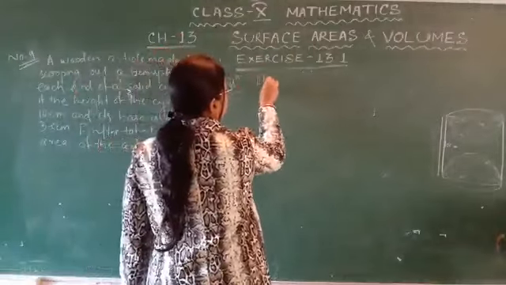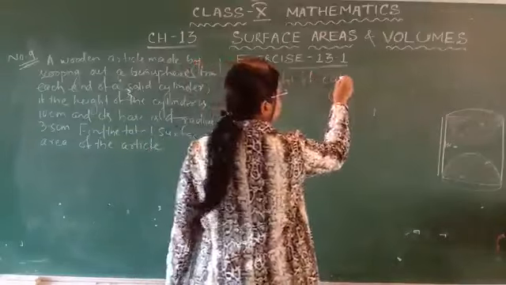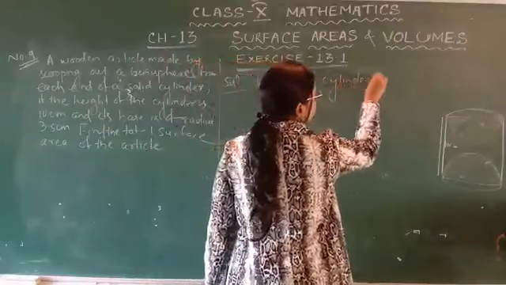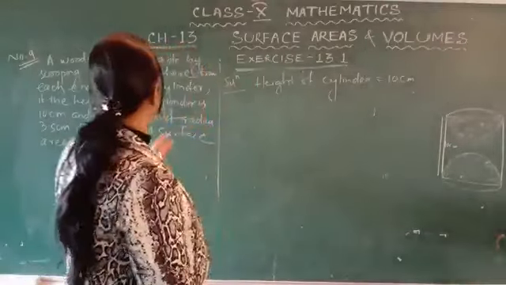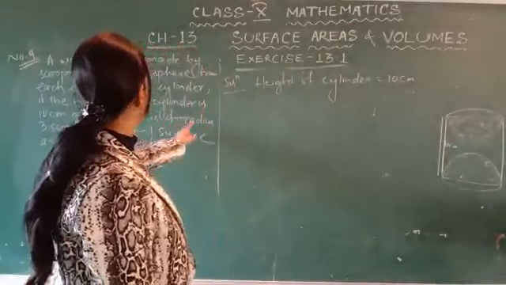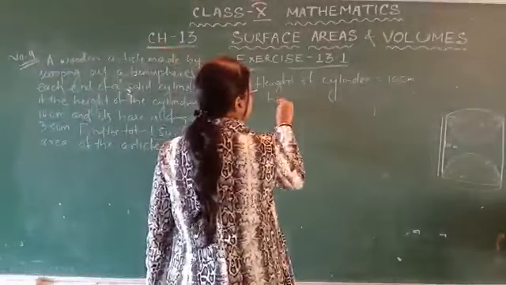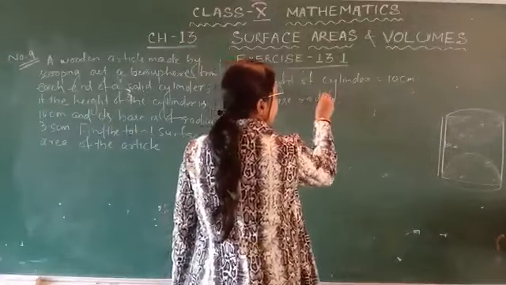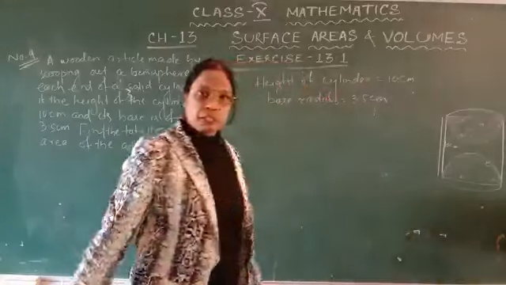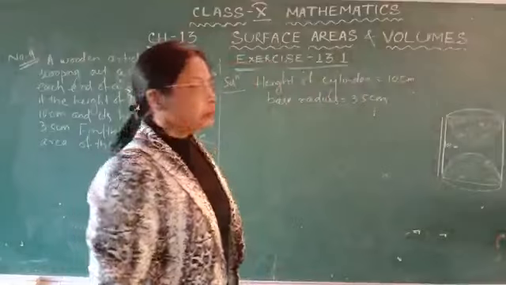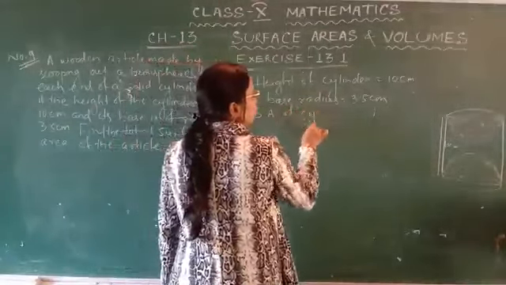So first you find, solution. The height of the cylinder is equal to 10 centimeter. Okay, and here it is also given the base radius is equal to 3.5 centimeter. Then first you find the curved surface area of cylinder.